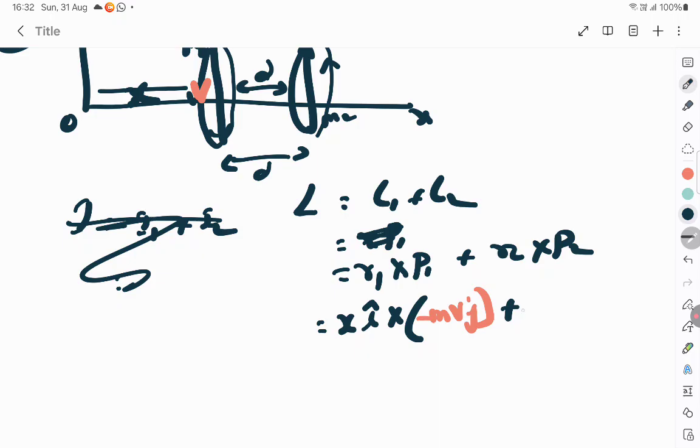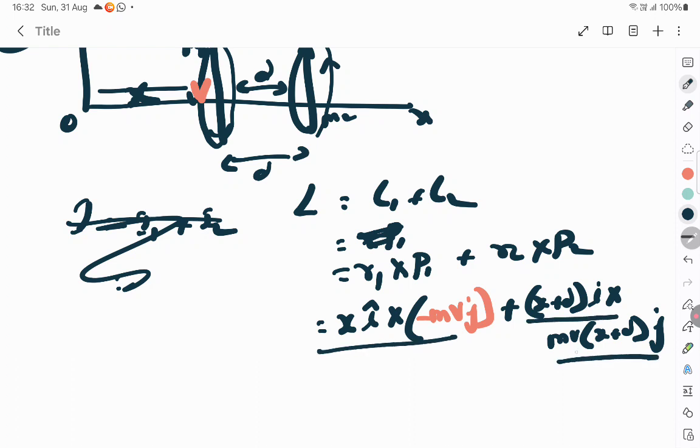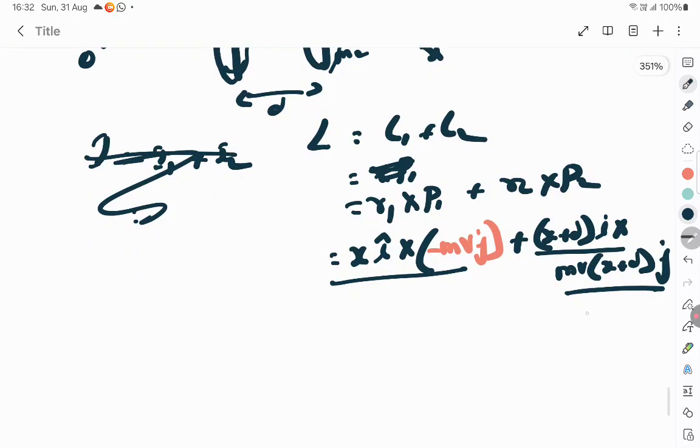Plus R2: for the next one, it is x plus d into i, cross momentum, again mass into velocity, but at the distance of x plus d, and the direction is going upward, so it's positive and we can write it as j. Okay, so you're going to solve these separately.